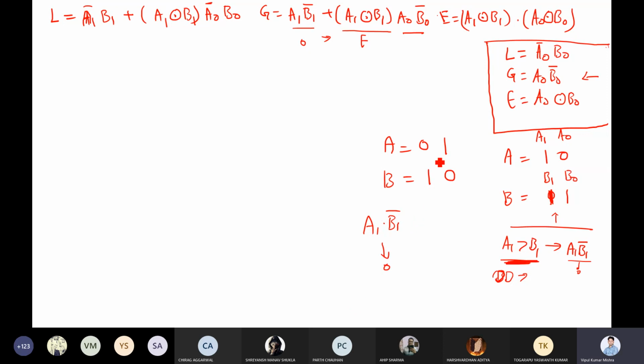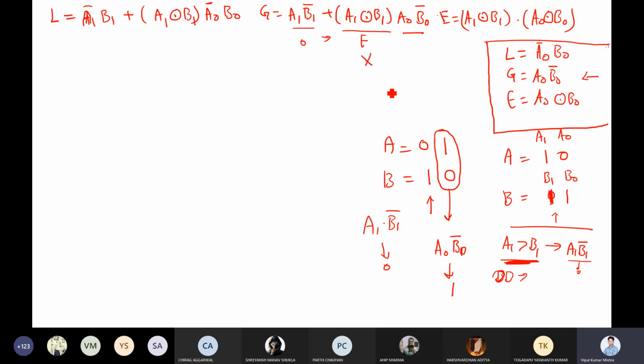Correct? Yes, sir. Now if this is not equal, then do we need to move forward? Now what about this? If you apply A0 B0 bar, if you take only this term, what will it give? 1.